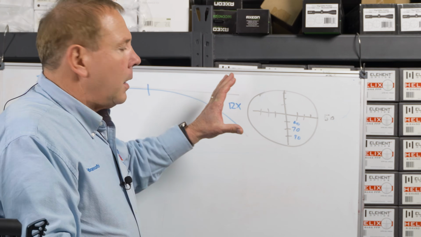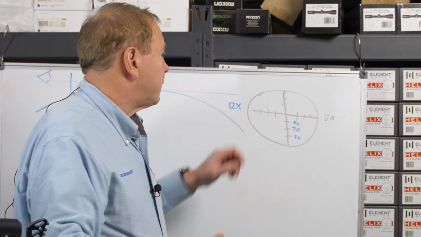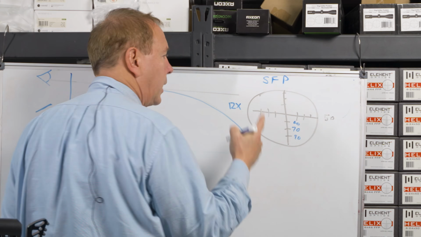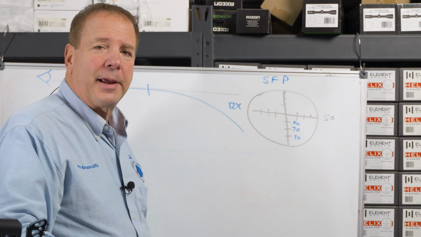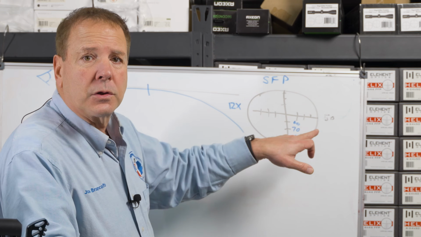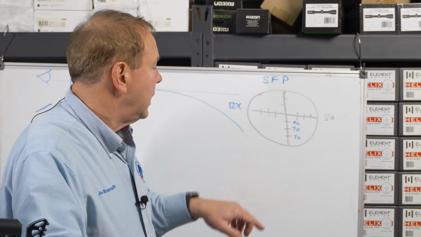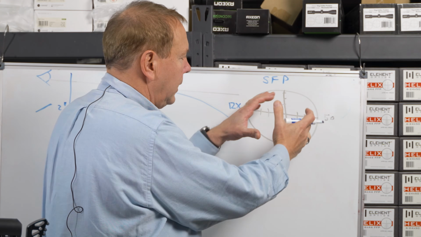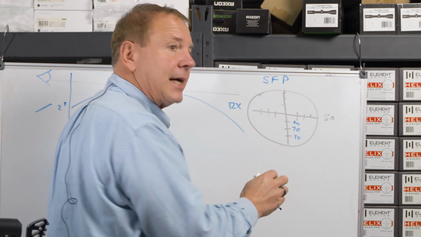Don't be critical. Problem is, with a second focal plane, sorry, I said I wouldn't use SFP, but I am now. With the second focal plane, this only works at 12x. Because remember, when I zoom into 24x, I see a picture twice as big.